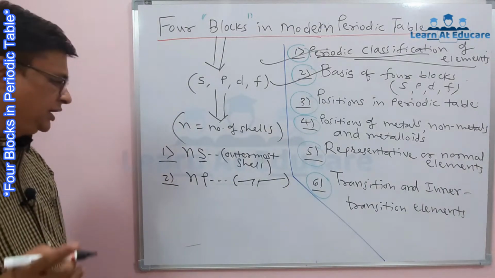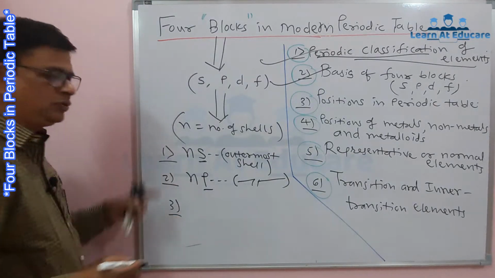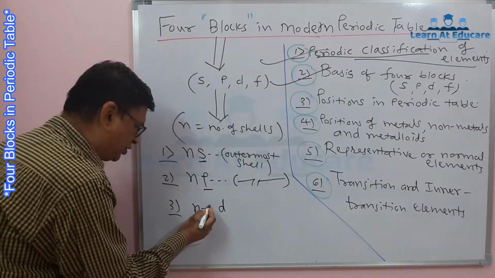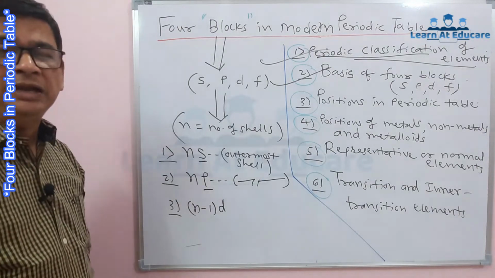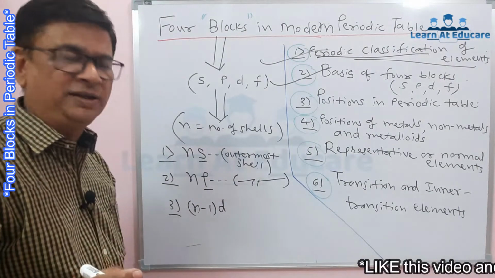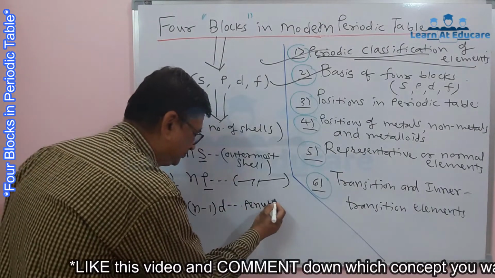However, in the D and F block elements the situation is different. If n is the total number of shells, then in case of D block elements the last electron enters in the second last shell, called the penultimate shell, meaning last but one.